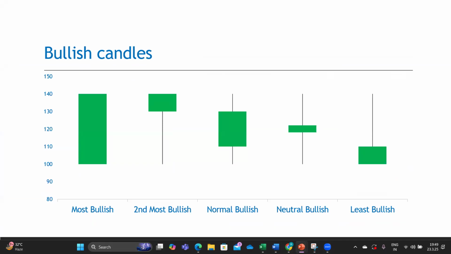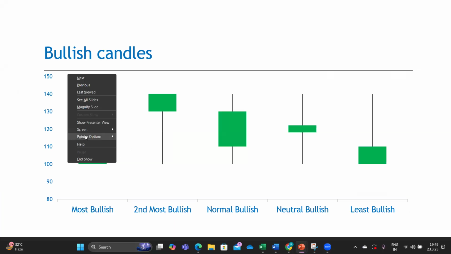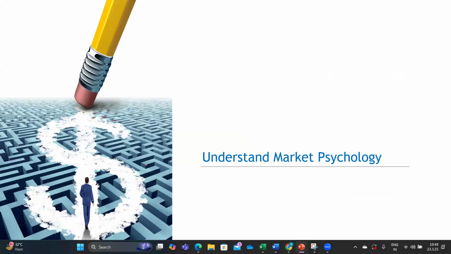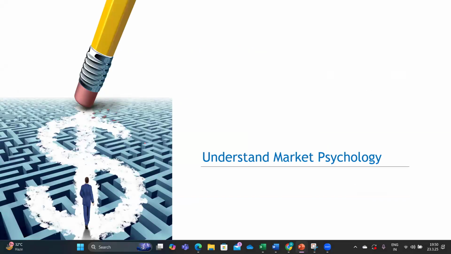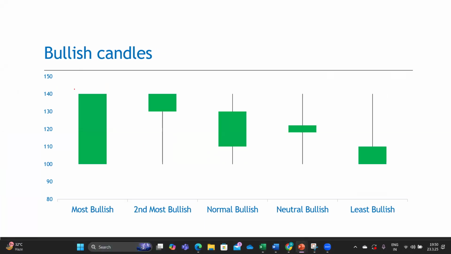When you say bullish candles, if you see all these candles, what we learned in the past is, if close is higher than open, it is a bullish candle or green candle. Now see, this is close, this is close, this is close, this is close, this is close, this is open, this is open, this is open, this is open, this is open.